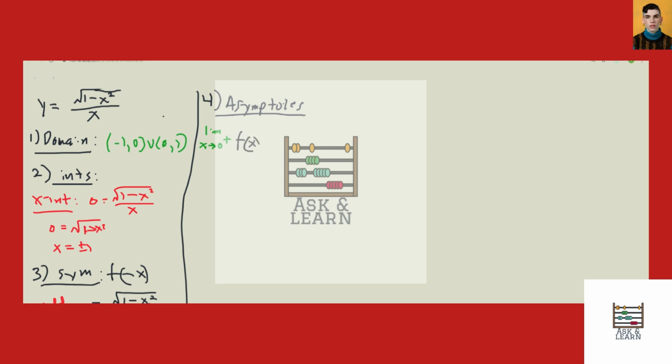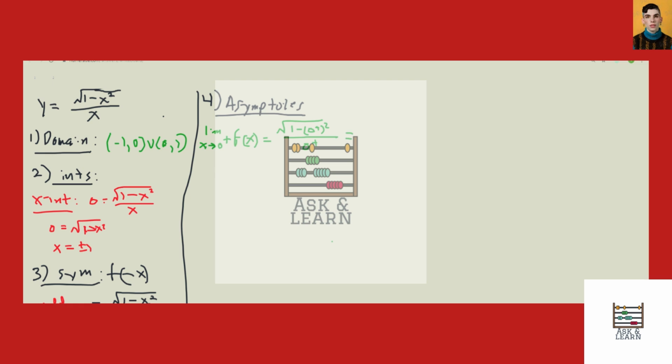So f of x, we're going to have the square root of 1 minus 0 from the right squared, over 0 from the right.